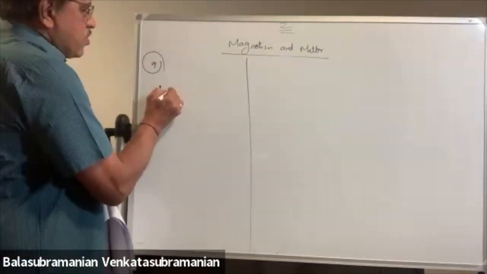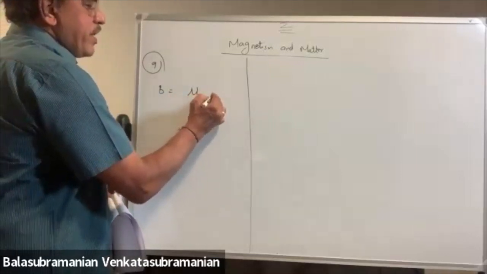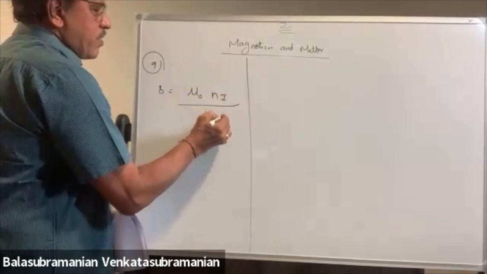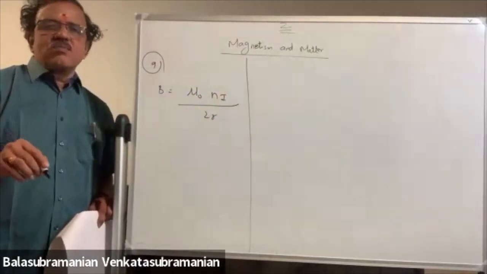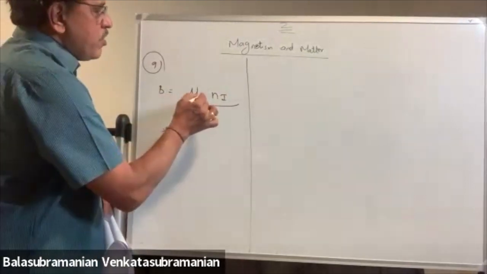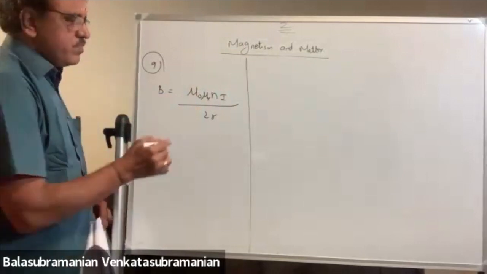B is equal to mu naught Ni by 2R. That is the actual formula for air medium. Here they have given a core, so we have to write mu naught mu R Ni by 2R.